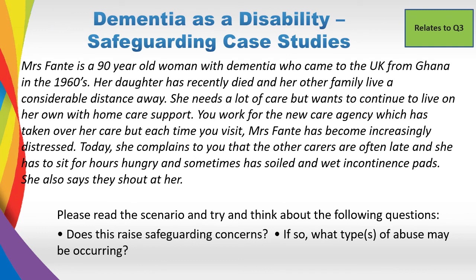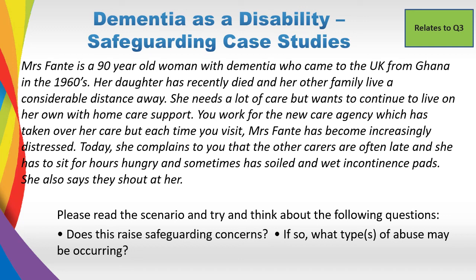Mrs. Fante is a 90-year-old woman with dementia who came to the UK from Ghana in the 1960s. Her daughter has recently died and her other family live a considerable distance away. She needs a lot of care but wants to continue to live on her own with home care support. You work for the new care agency which has taken over her care, but each time you visit, Mrs. Fante has become increasingly distressed.